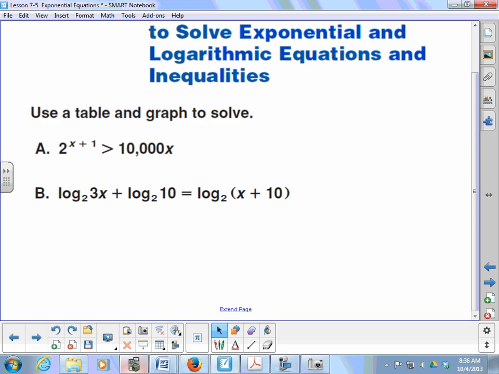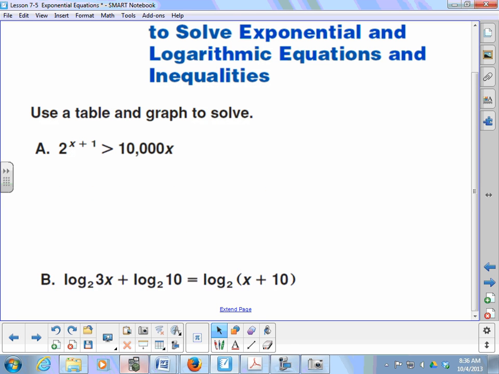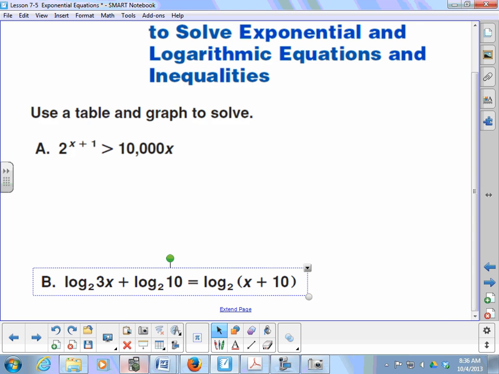Now letter A, though, just because of that greater than, becomes a little bit tougher. Plus I have this x over here, so it's 10,000x. So this is going to be a little bit tougher question because of that. So let's see what happens. They want us to use a table and graph, so let's use the graph here.